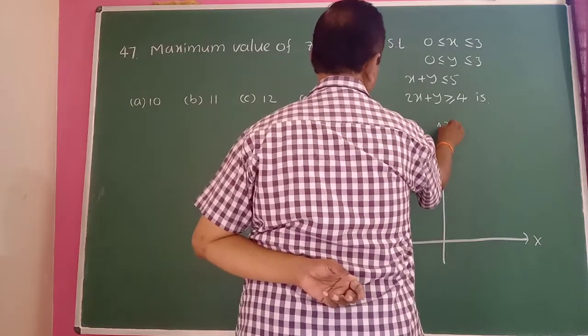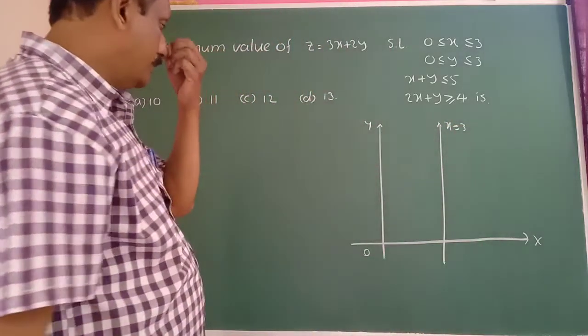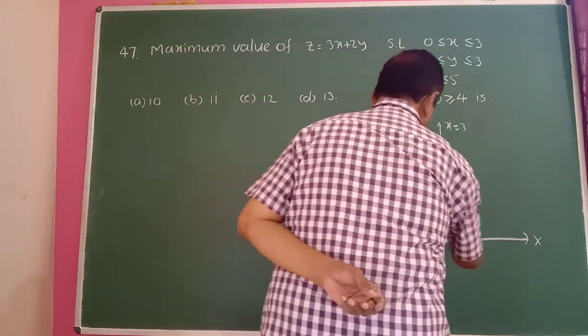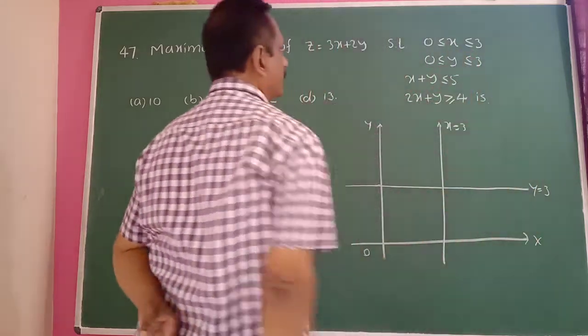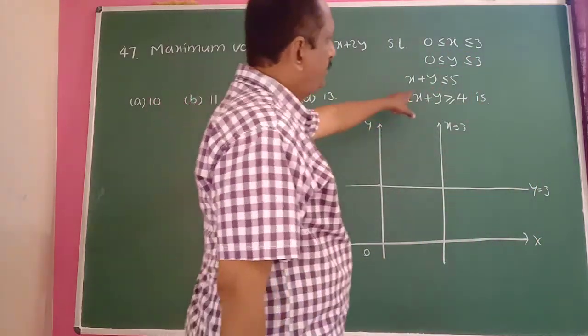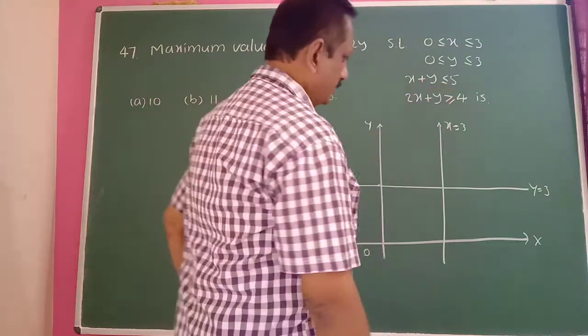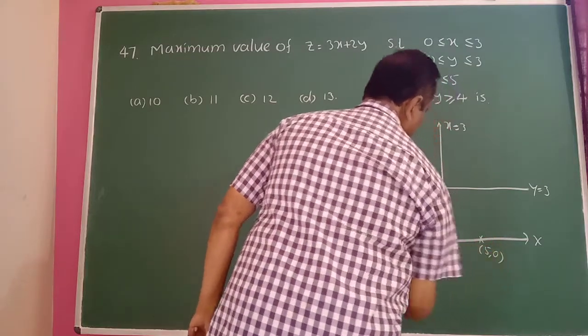So this is the line x is equal to 3. Then y is equal to 3 is a line parallel to the x axis. Then if you put y equal to 0, x equal to 5, so somewhere here is the point (5, 0).